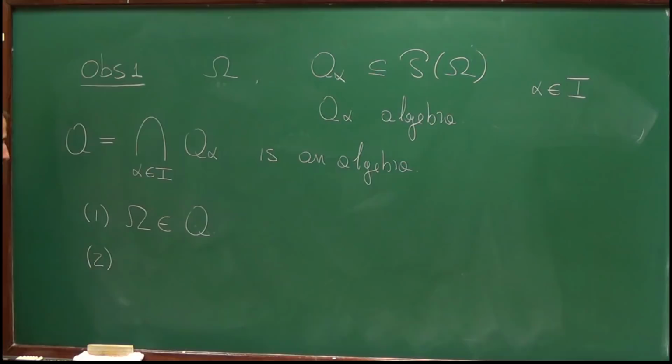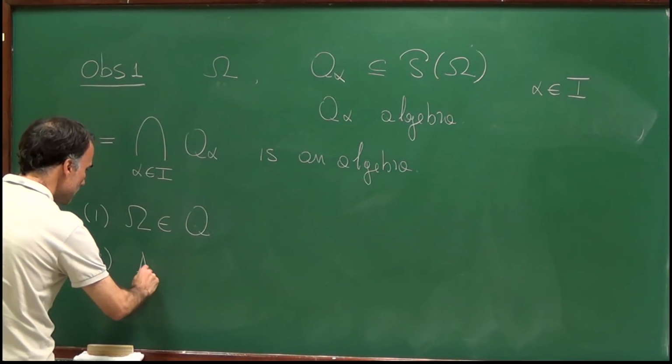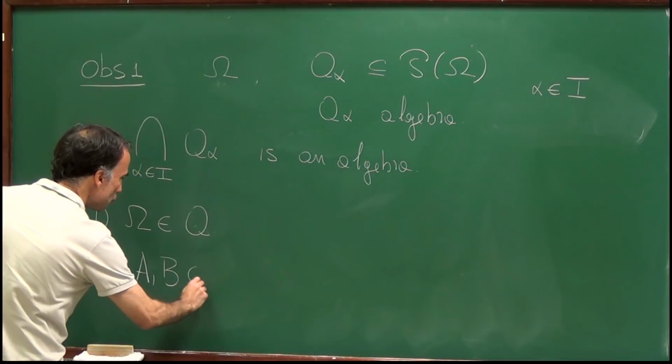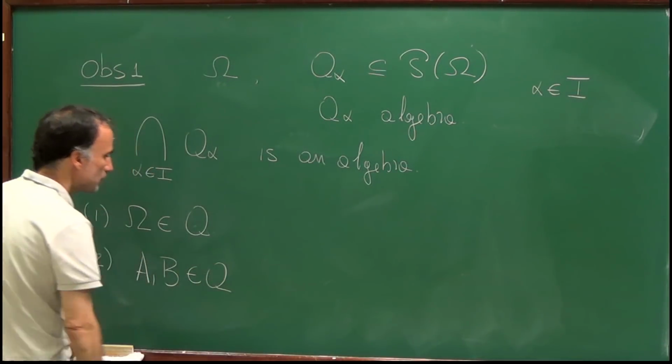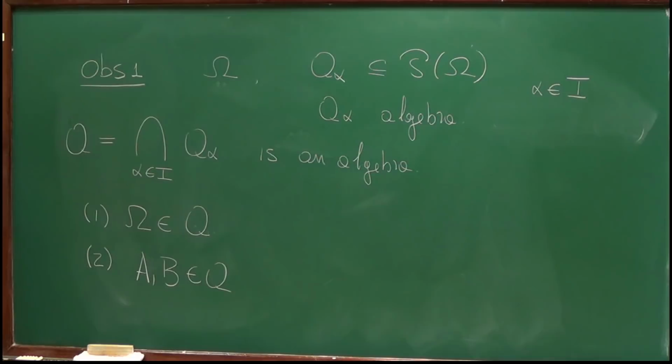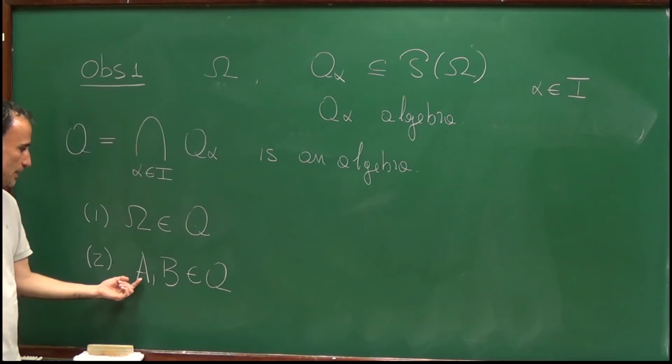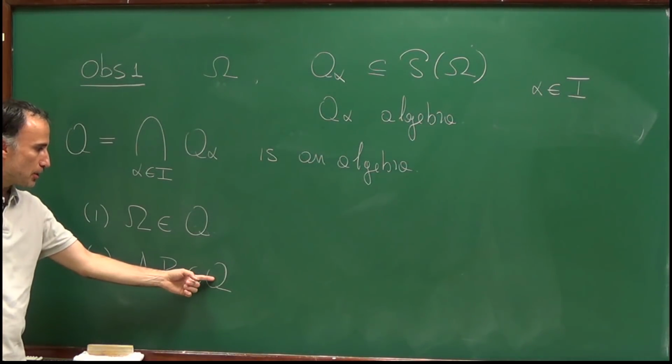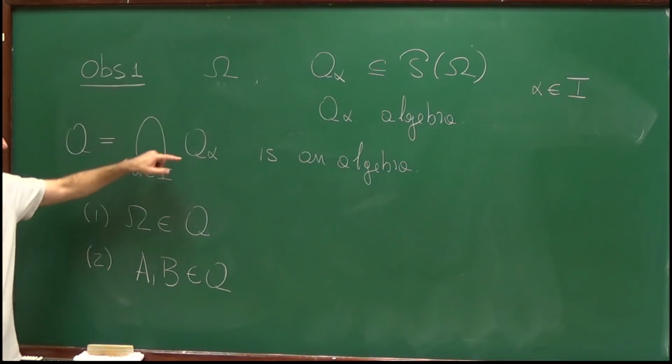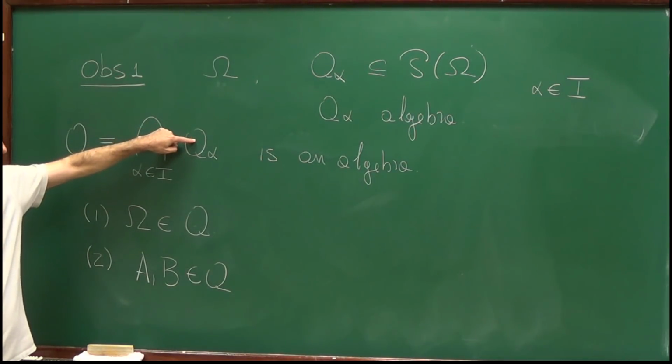Now let's prove the second property of an algebra. So let's fix a set A and a set B, which belong to A. Well, since A belongs to A, it belongs to each of these algebras.